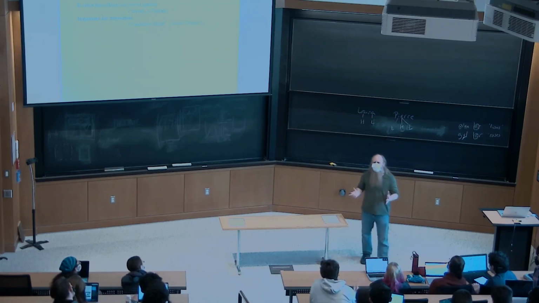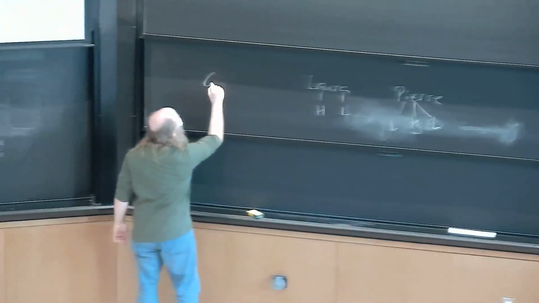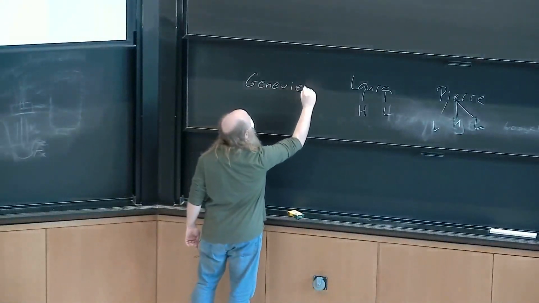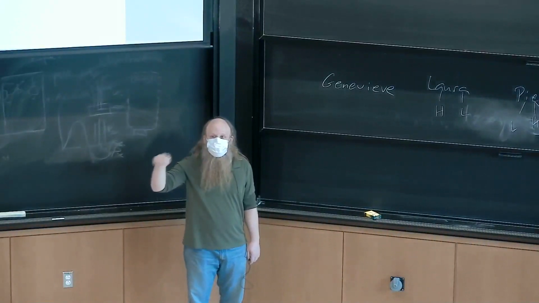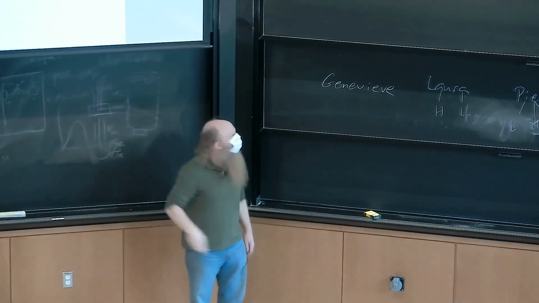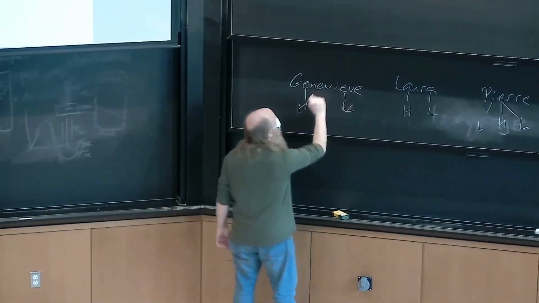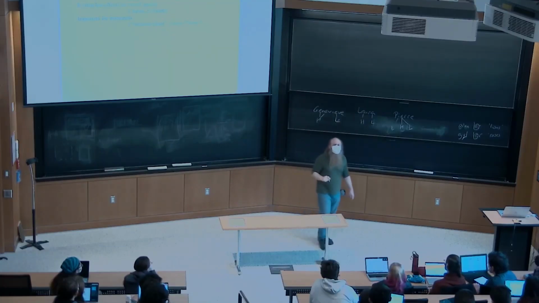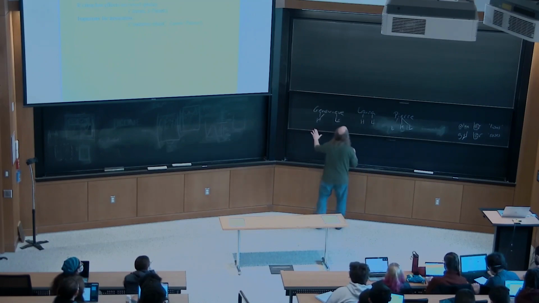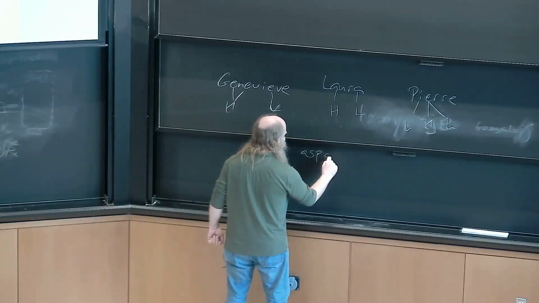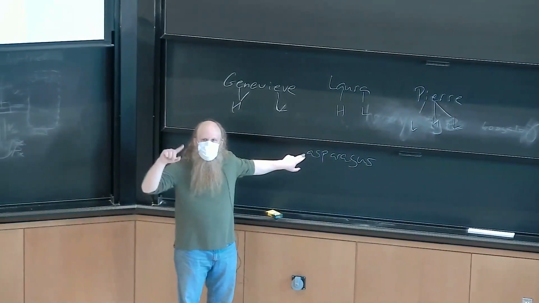Let's chant some other names. Longer names. Genevieve, Genevieve. Is that right? Genevieve, I think. Maybe this is the low here at the end. Genevieve. If you're selling vegetables at the ballpark along with hot dogs, asparagus, I think.